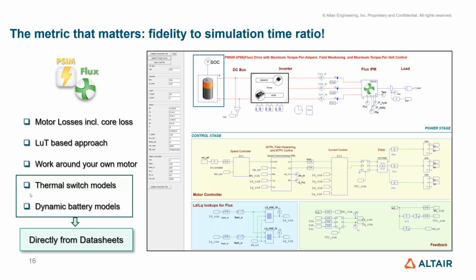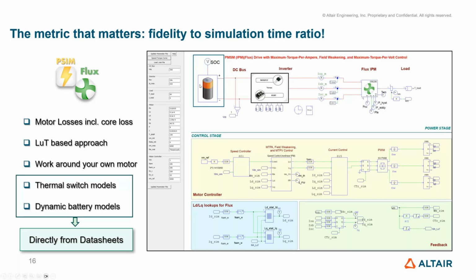Yes, if you add non-linear and non-ideal models, simulations will be slower, but you will be getting much more simulation insights. For example, for the inverter, we can add a thermal device, and this will give us the losses for all 6 switches, for both the active and the reverse diode path.